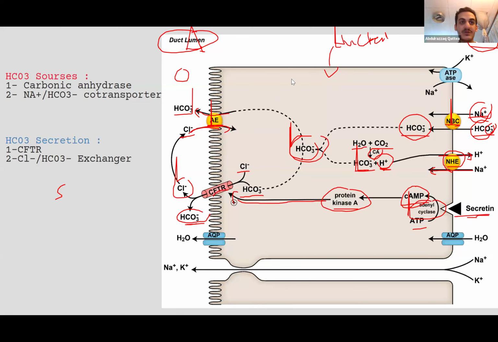Okay, we're done with the secretion. We said there's CFTR and there is an anionic exchanger. Is this concept clear? Okay, great. I guess no questions.